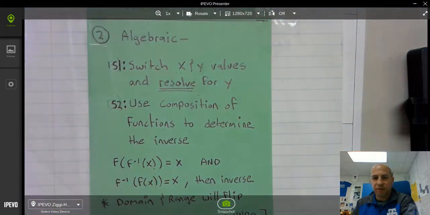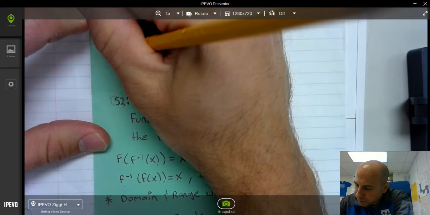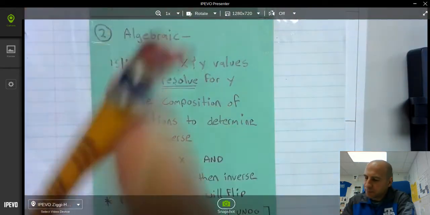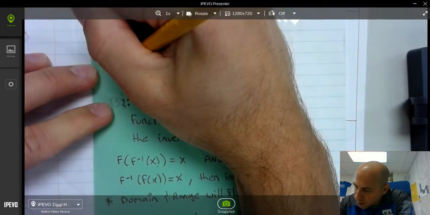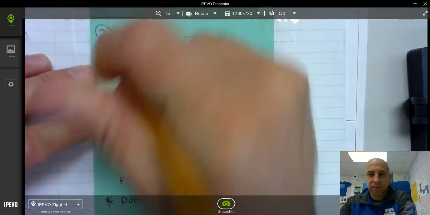Step 1, switch the x and y values and resolve for y. Step 2, oh, you know what? They're not steps, they're methods. That's why I put A and B. Method 1, method 2. There you go.